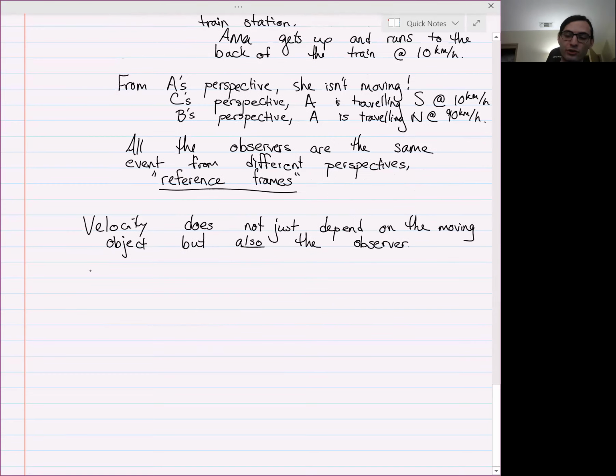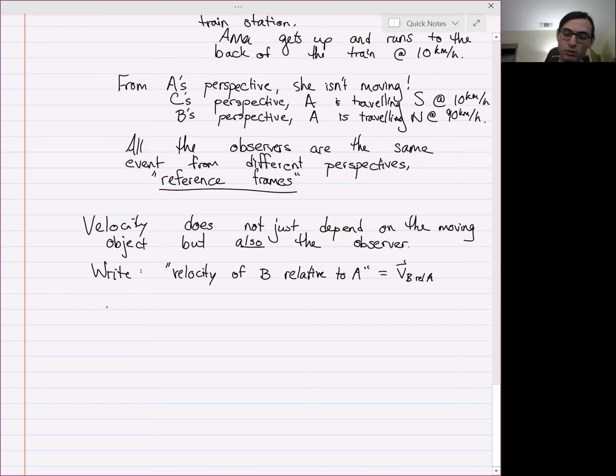So this is how we write these things: we write the velocity of B relative to A. The symbol that we'll use for that is a velocity vector, v B rel A, with this all in the subscript.